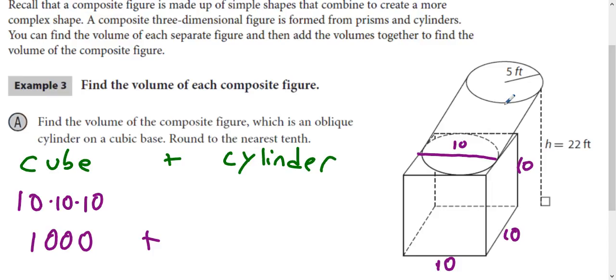So we need the area of the base, which is a circle, so it's pi times radius 5 squared. Times the height, we have to do a quick little calculation. We know that the cube went up 10. So if that whole height there is 22, 10 for the cube means 12 for the cylinder.